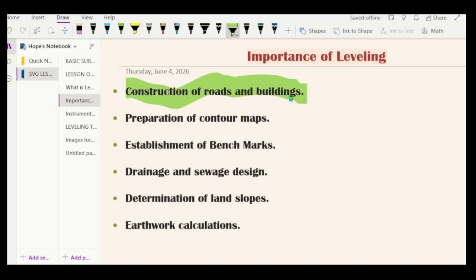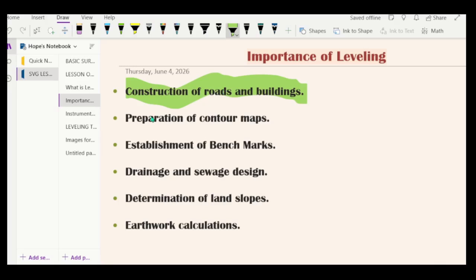This benchmark is where you take other measurements from, other ground levels, other points on the site. That point is very important in this building or construction work. Also in road construction, even in bridges too, we use leveling to do that.